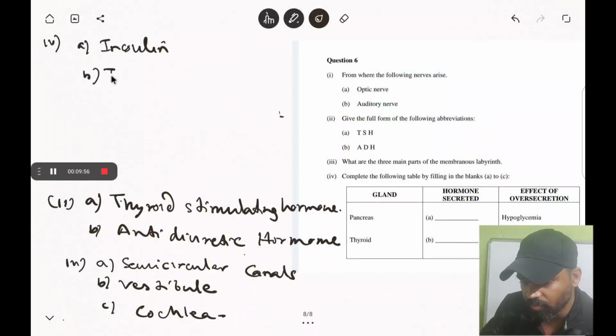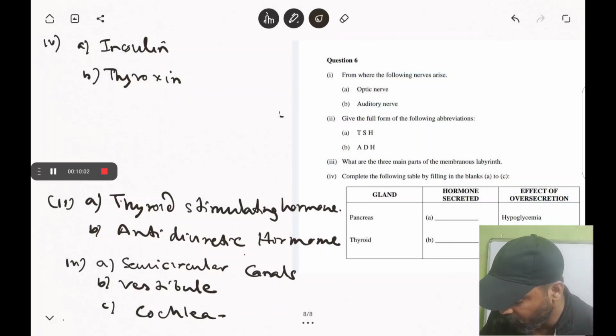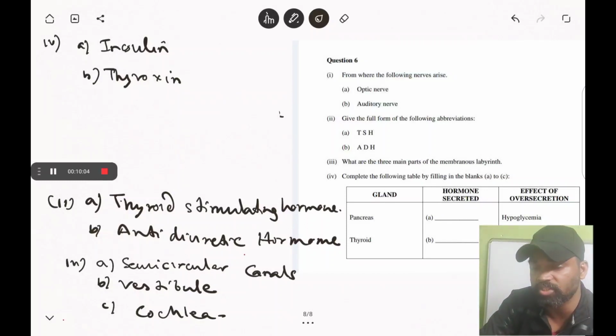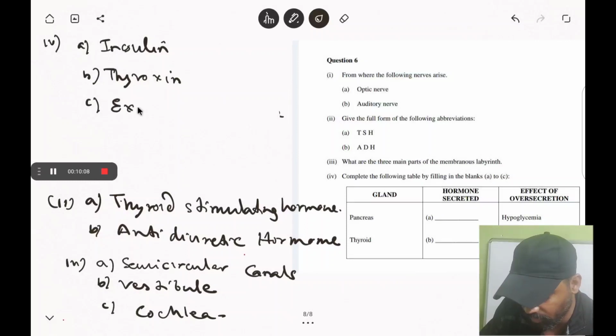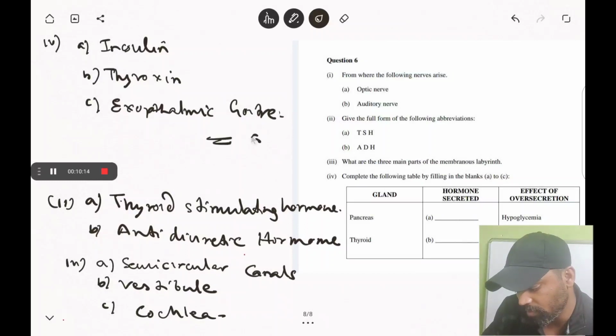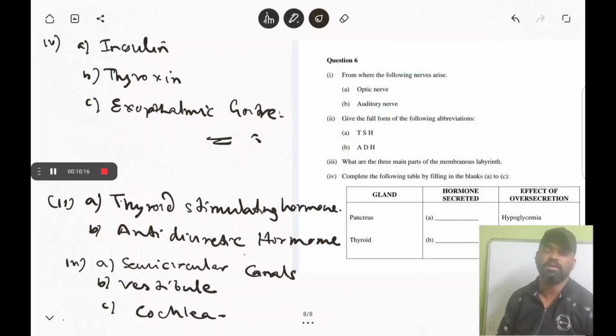Thyroid, the hormone secreted, thyroxine. And effect of over-secretion, exophthalmic goiter, that is C will be exophthalmic goiter. Yes or no? So that was the last question.